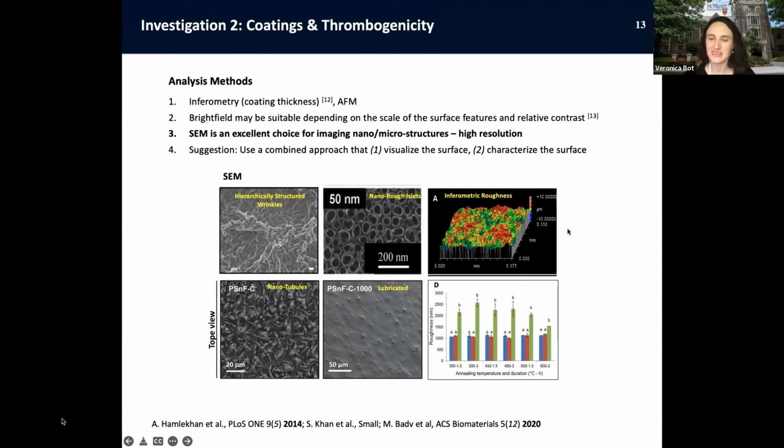This is very insightful and can help with the optimization of your coating in the development process. In general, I would suggest using a combination. SEM is a very good first step. Once you've grasped the topography of your surface, then dig a bit deeper and really search for those quantitative metrics.